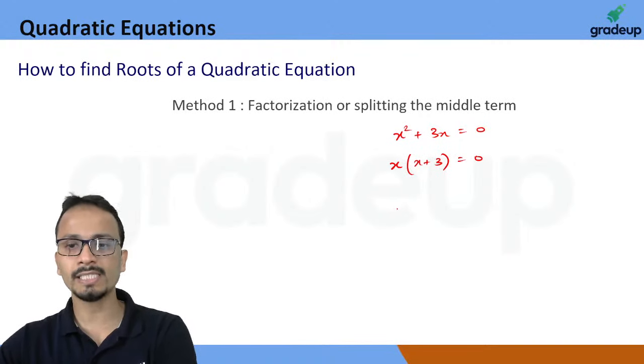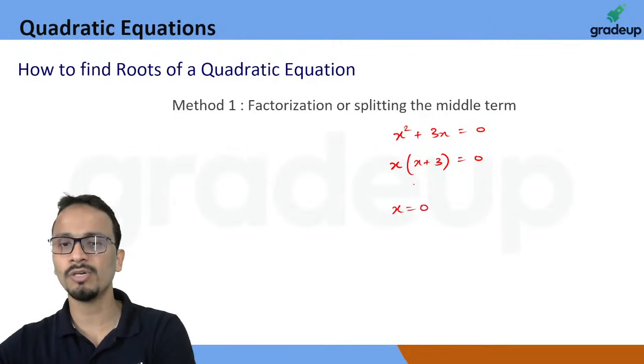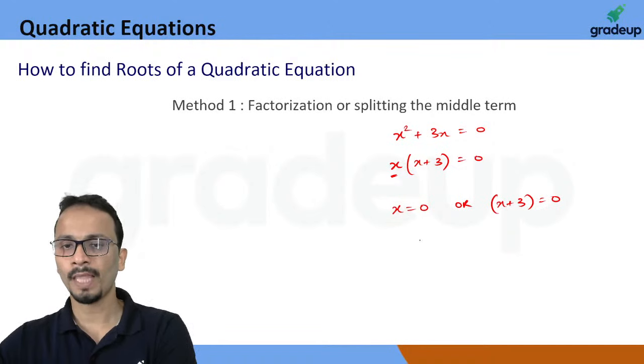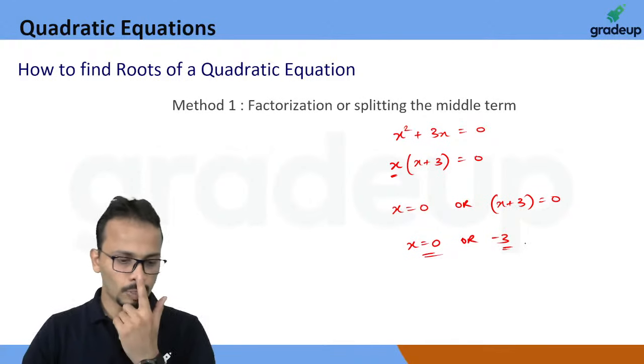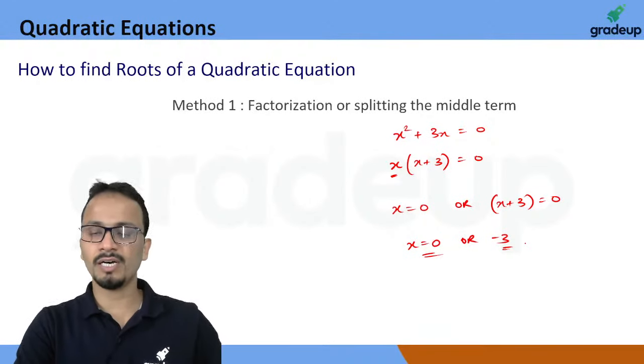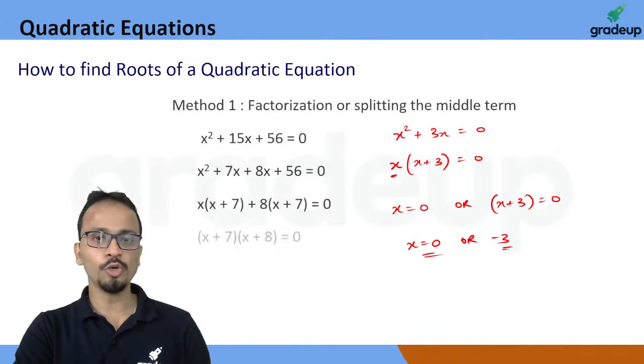Now I can say either x is equal to 0 or x plus 3 is equal to 0. So x is equal to 0 or minus 3. I hope, Drishti, I have answered your query.